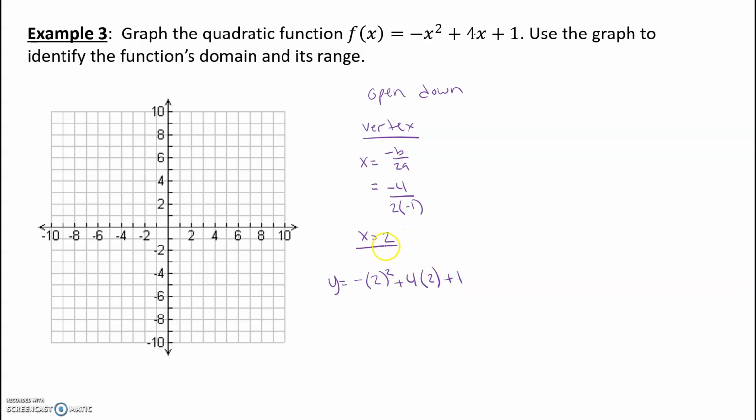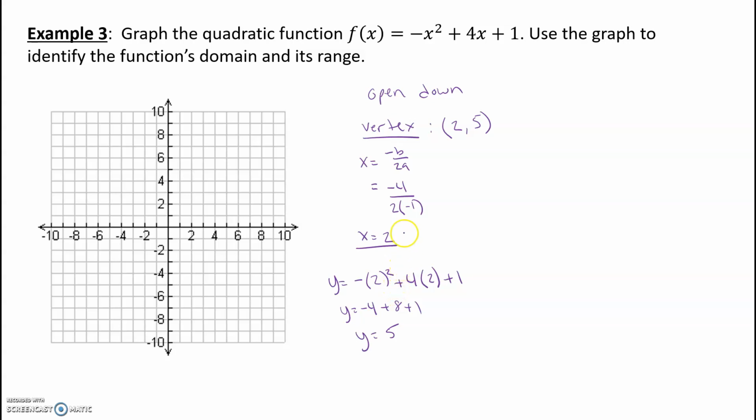Again, I took that x value and plugged it in to find the y that goes with it. 2 squared is 4, times -1 is -4. 4 times 2 is 8, plus 1. So -4 plus 8 is 4, plus 1 is 5. So my vertex is the point with x coordinate 2, y coordinate 5. We had to do a lot more work for the vertex this time.